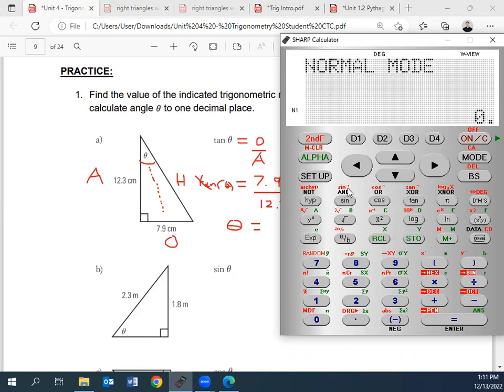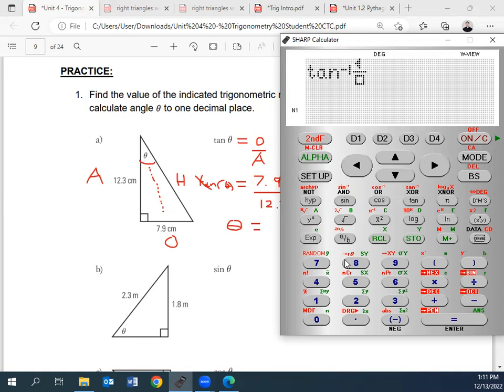Instead of dividing by tangent, press the second function button on the top left. Are you able to find that on yours? Perfect. Then you press tangent and you get something that looks like tangent with a little -1 on it. That means the inverse of it. That technically means dividing by tangent. That's your calculator's cheat code.